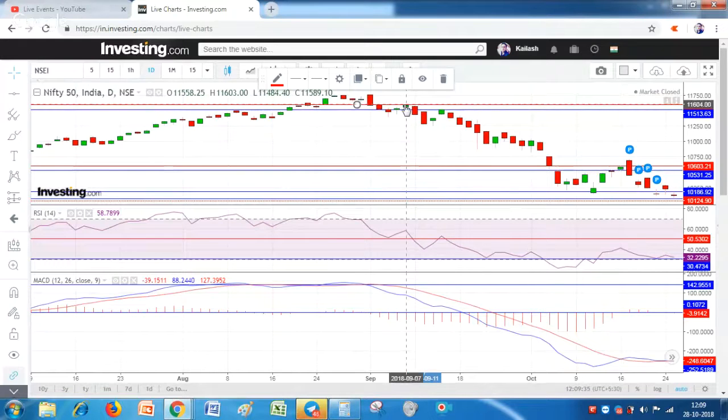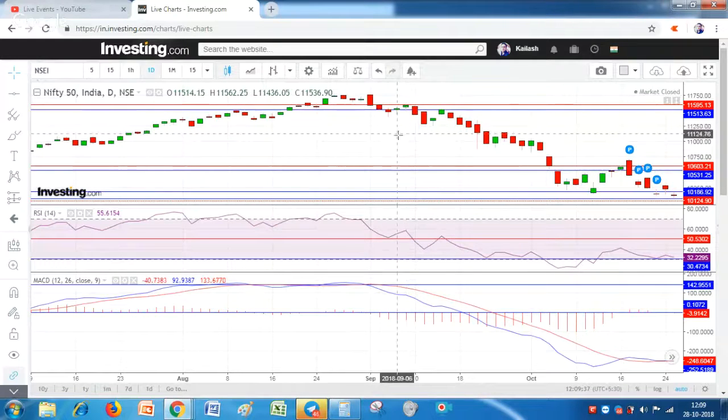So I'm just telling you, friends, those who don't want more risk, those who are safe players, once both the indicators show it, I am telling you with the logic. The logic is that both the indicators have shown that the Nifty is weak now. So in this case, we can take an entry at the 11,500 level.